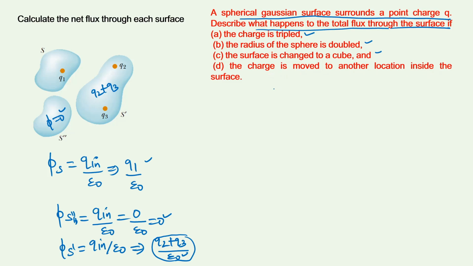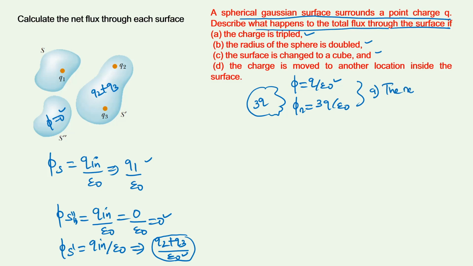For the first problem, suppose we have a closed surface with a charge inside, so the net flux is q upon epsilon naught. If the charge is tripled, the new net flux is 3q upon epsilon naught. So for part A, the net flux gets tripled.